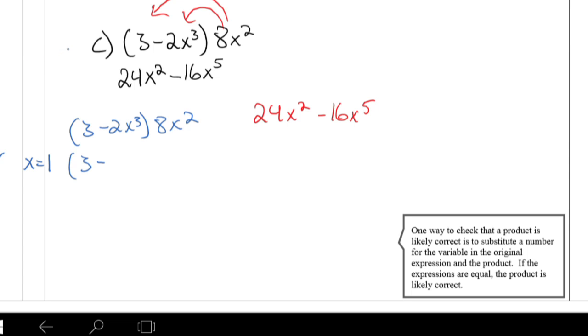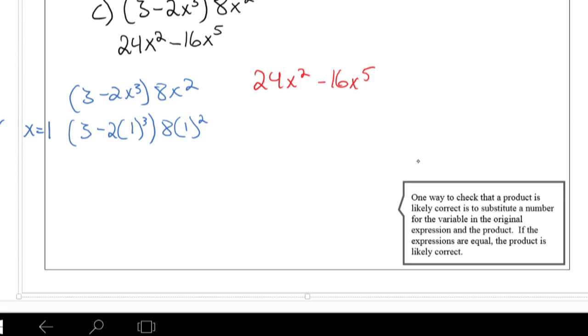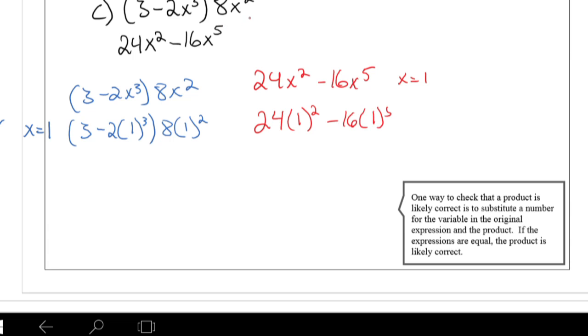So 3 minus 2 times 1 cubed, times 8 times 1 squared. I pick 1 because 1's a really easy number to deal with. I could have picked anything. I could have picked 72 if I wanted, but that would have been a little bit confusing and a lot of math. If we can pick whatever number we want, we might as well pick something really easy.